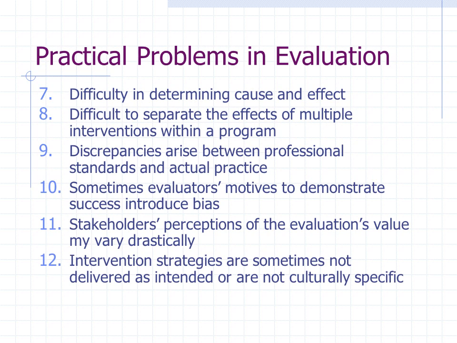And then finally, intervention strategies, as we intend them, are sometimes not delivered as we intended them to be. And that could be because of the instructors that we select, or maybe because of circumstances, or whatever, but could also be that we don't tailor our intervention strategies to the priority population, so we don't make them culturally sensitive or culturally specific.